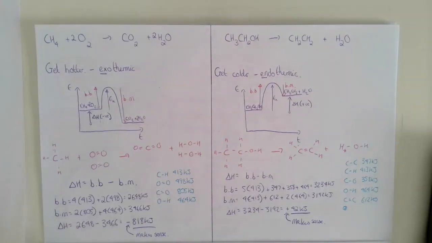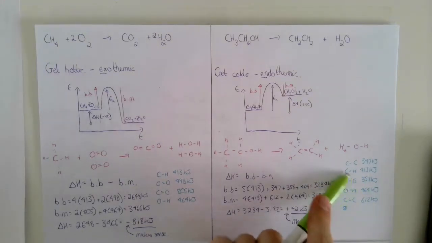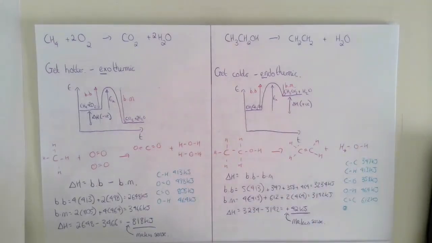Another thing to note is that bond energies, so here's a set of bond energies and there's another set, are always positive. That's because it always requires energy in order to break a bond. So a bond is holding two atoms together, you need energy in order to break those bonds there.